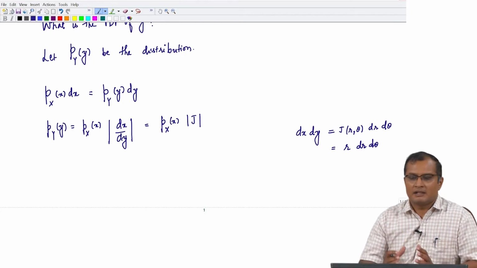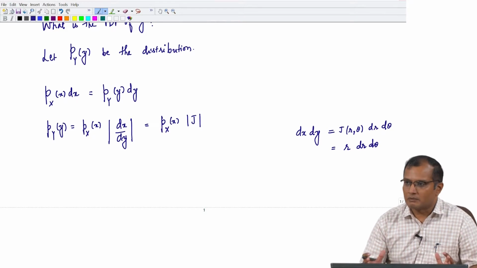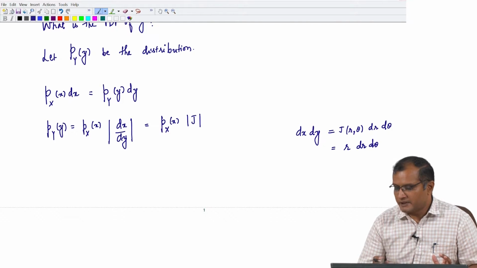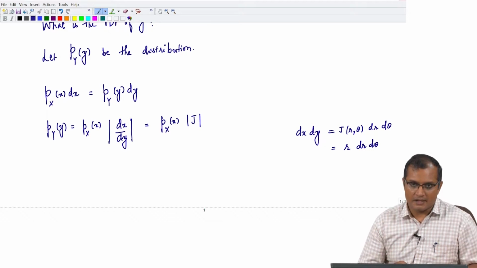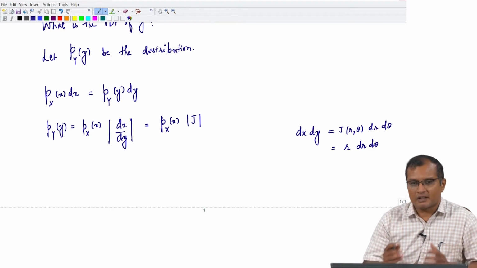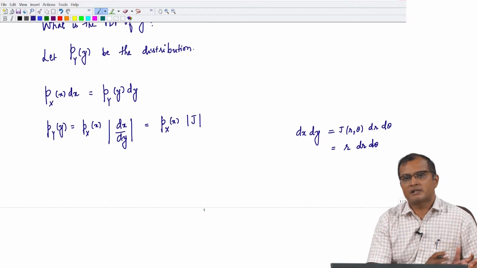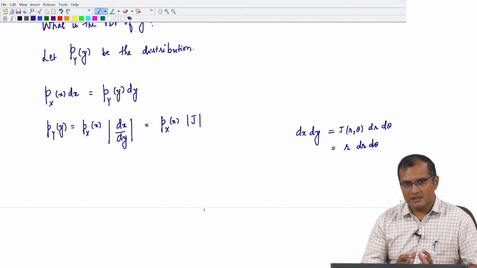Now, you can say the area matches dimensionally on both sides, and the amplification factor is nothing but the radial distance r, which is the Jacobian of the transformation. And if the transformation between new coordinates and the old coordinates is canonical, then the Jacobian is unity.